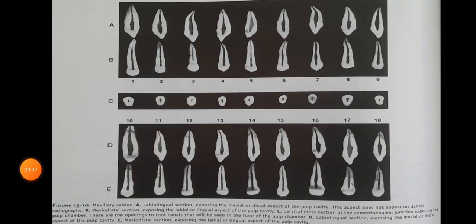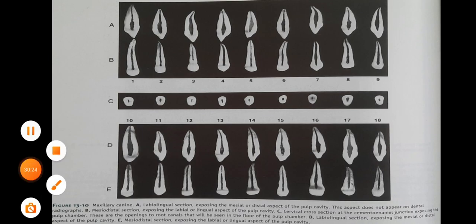In figure 13.10 B2, 6 and 8, E12, 15 and 16, you can see the apical foramen exit slightly to the mesial or distal aspect of the root.